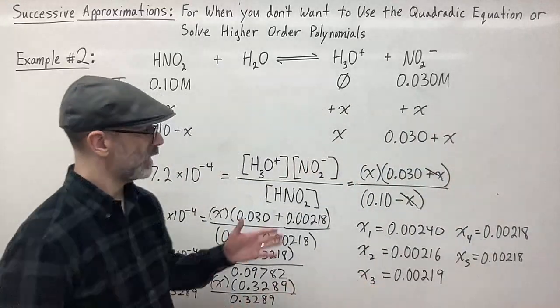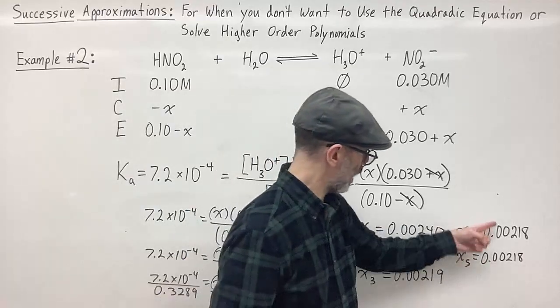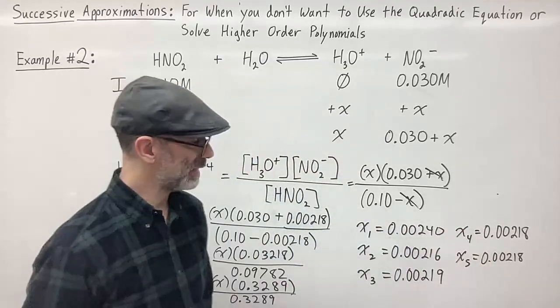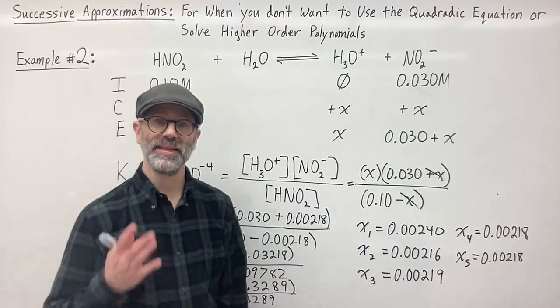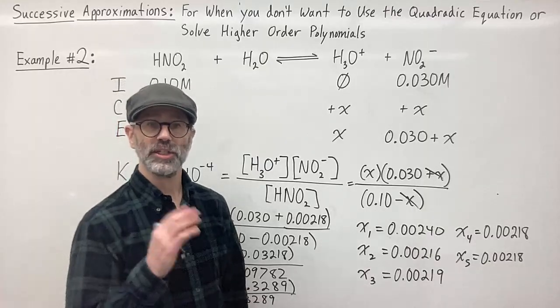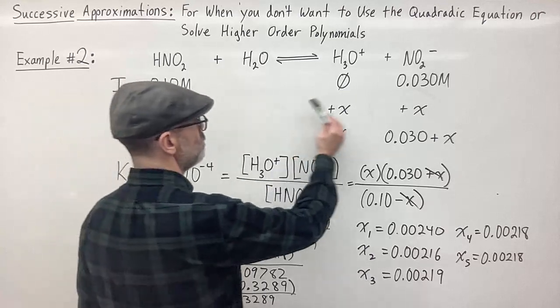So in this case, it took me 5 tries, but notice that I now have the same number twice in a row, so my x value is 0.00218.